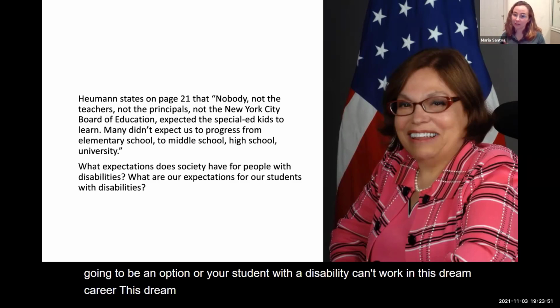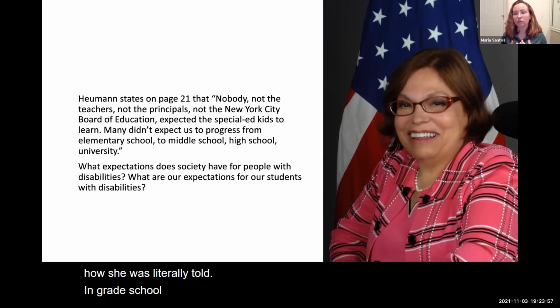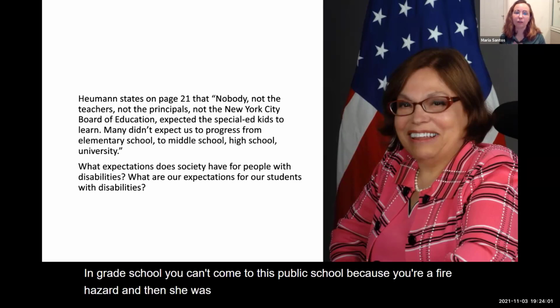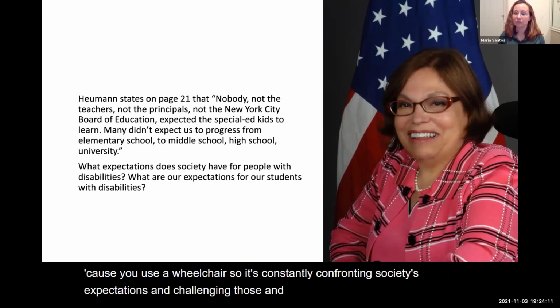Judy Heumann's a great example of how she was literally told in grade school, you can't come to this public school because you're a fire hazard. And then she was told after she graduated, oh, you can't be a teacher because you use a wheelchair. So it's constantly confronting society's expectations and challenging those and saying, no, I can do those things.